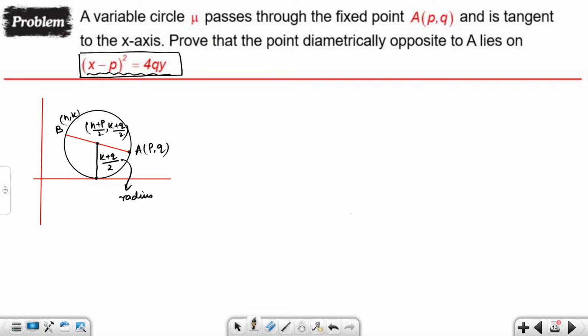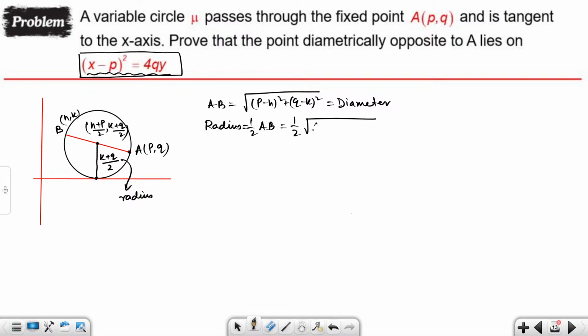Tell me yes or no. It's the radius. Okay. Now, what is the length of AB? It's root over, this is AB, which is nothing but our diameter. So what will be the radius? The radius is half of AB, which gives us half of root over H minus P square plus K minus Q square.